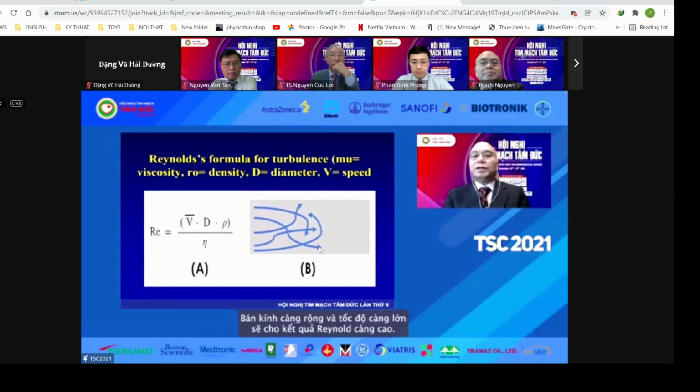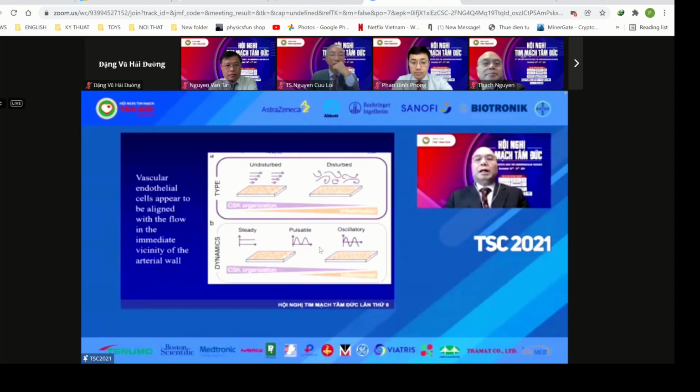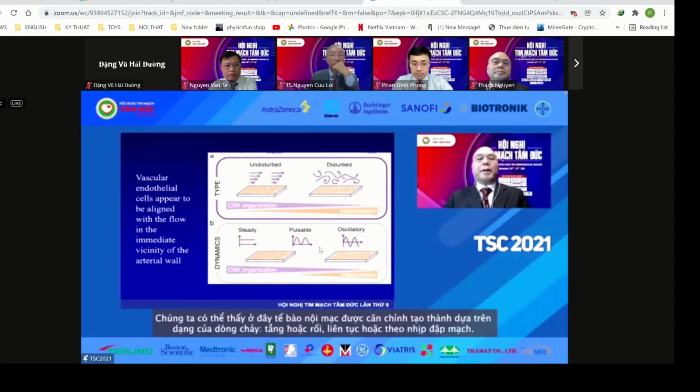The larger the diameter and the higher the speed, the higher the Reynolds number. As we see here, vascular endothelial cells are formed based on the type of flow.